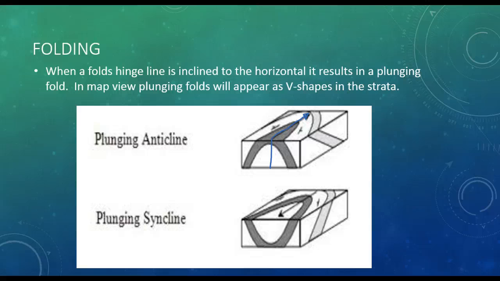Another way of identifying an anticline on a map view would be looking at the symbols. Sometimes on the axial plane, you'll see a pair of arrows drawn in. If the arrows are pointing away from the axial plane, it's an anticline. If those arrows are pointing towards the axial plane, it's a syncline.